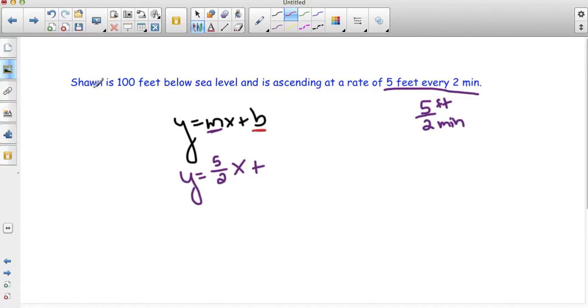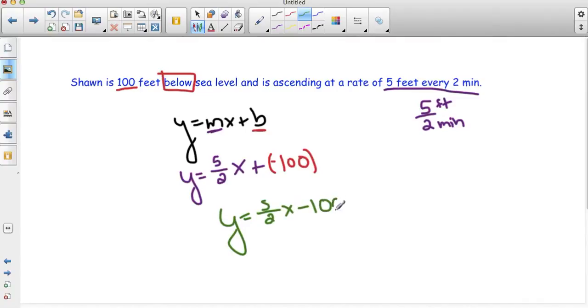So the 100 feet, this 100 is going to be in there. Now, did you see it? Below sea level. Think about what it should look like before I'm writing it. Oh, you're right. Negative 100. So you could say an equation that looks like this: y equals 5 halves x plus a negative 100, or y equals 5 halves x minus 100. Both of those mean the same thing.